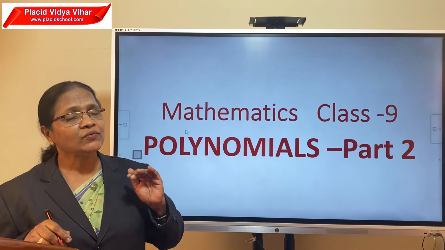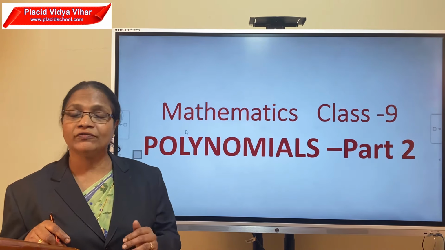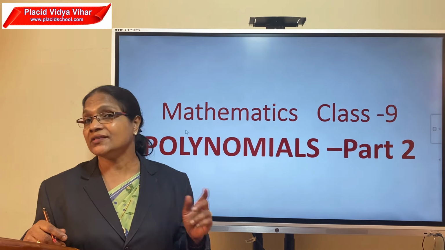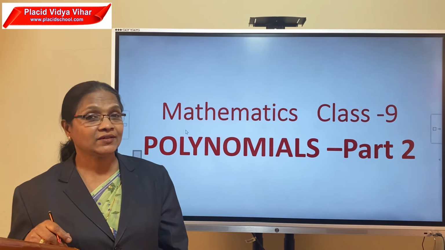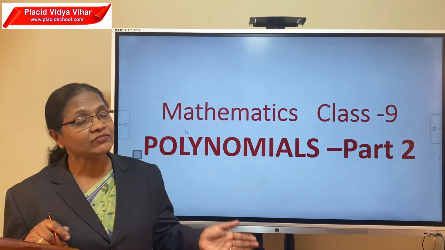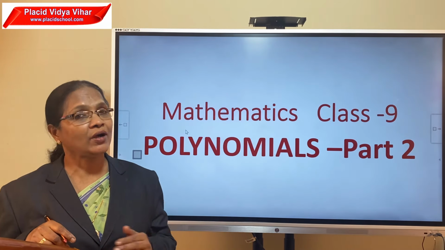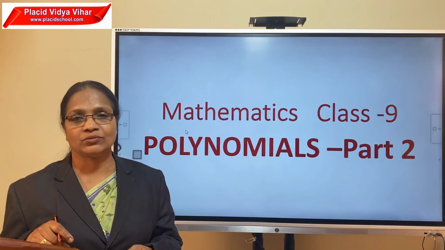That is, the values of the variables for which the value of a polynomial becomes 0 are called the zeros of the polynomial. Is it clear?